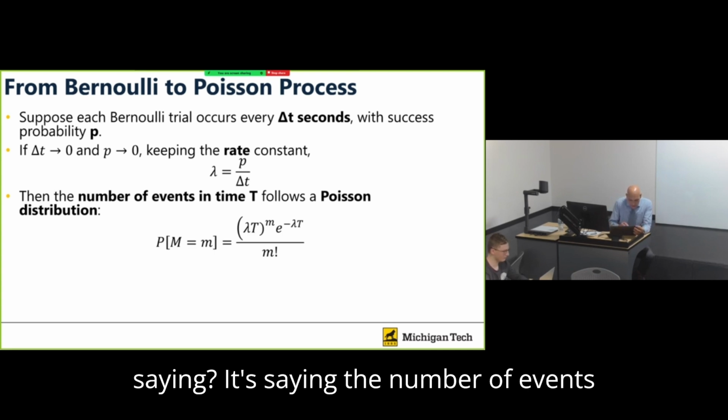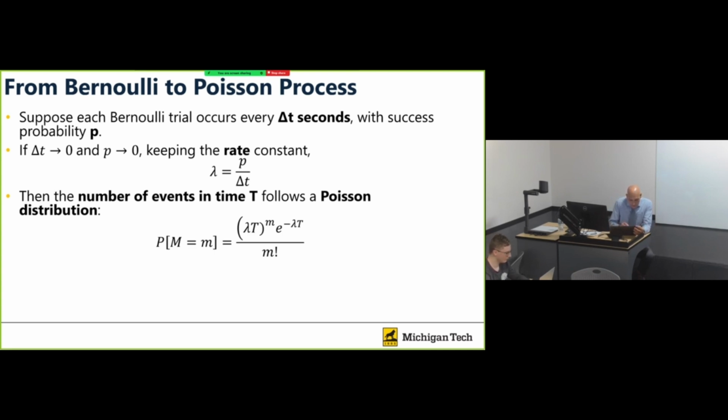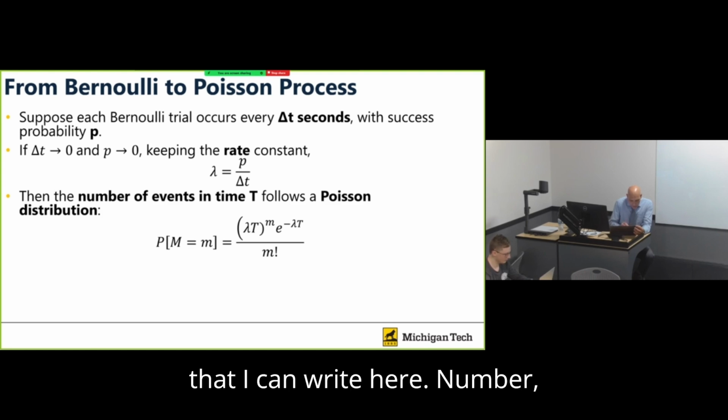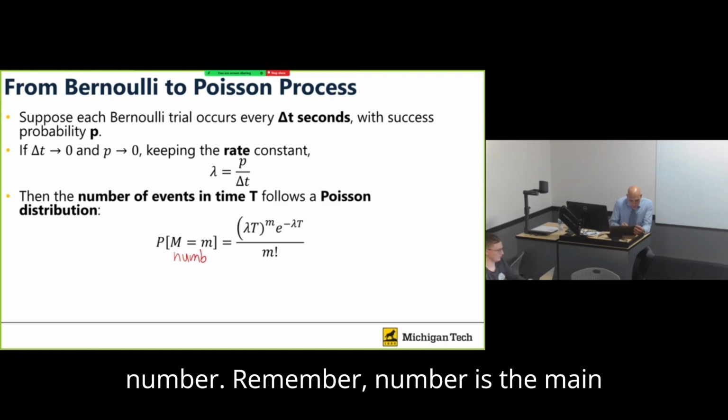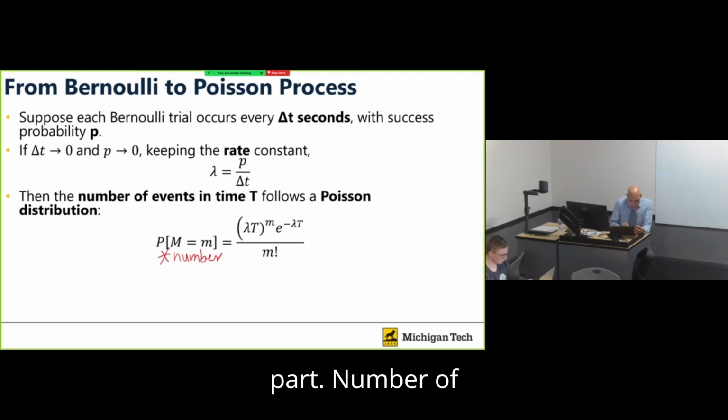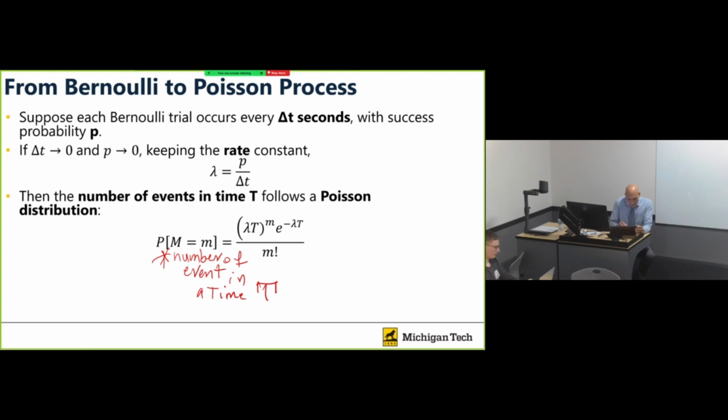What it's saying is the number of events, remember, number is the main part, number of events in a time t. So we have two variables, t and m, and the rate is constant.